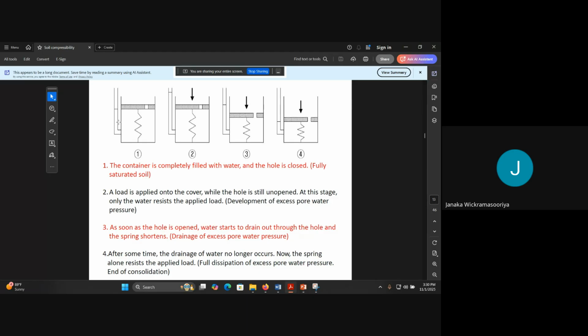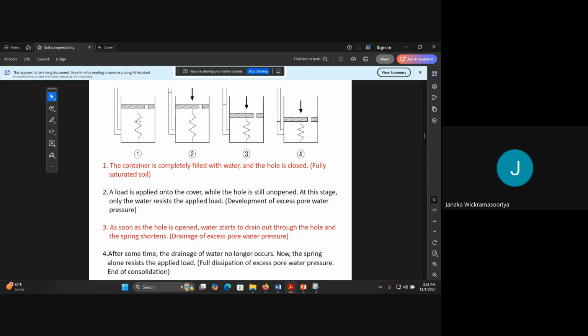This example shows what happens during the consolidation in a soil sample. This container has a spring, and a tap or a hole with a closed lid, and there is a pressure meter there.